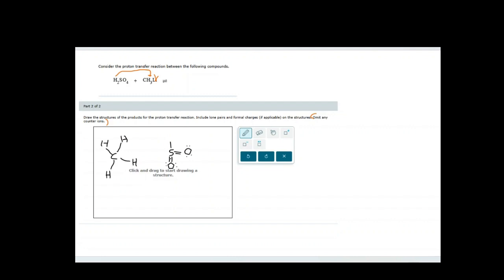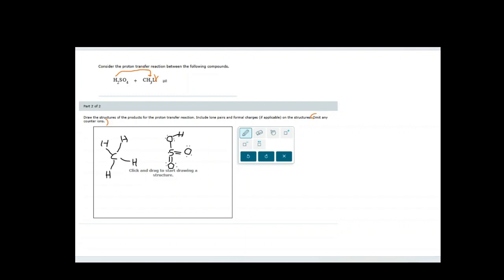Because you already have your 2 double bonds of oxygen here, for the third oxygen it's going to be a single bond. Remember that on this oxygen you're going to have 1 hydrogen attached to it, and so for that to satisfy the octet rule, we're going to add 2 more lone pairs on that.